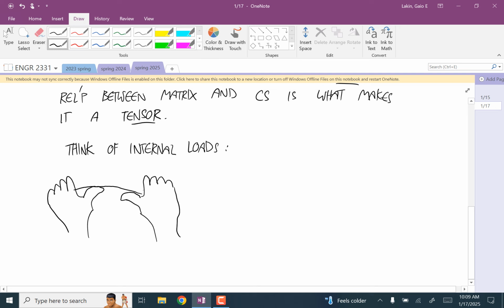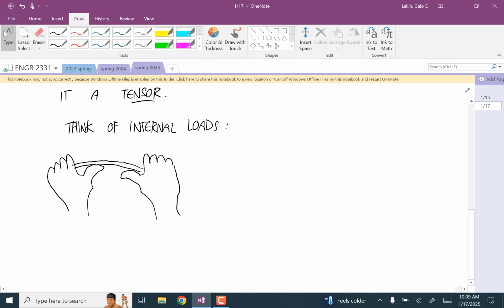Okay, so imagine flexing this stick, and it's going to break somewhere in here.